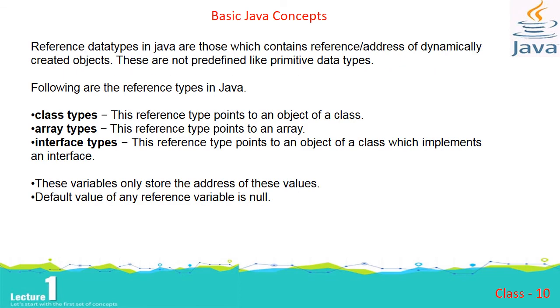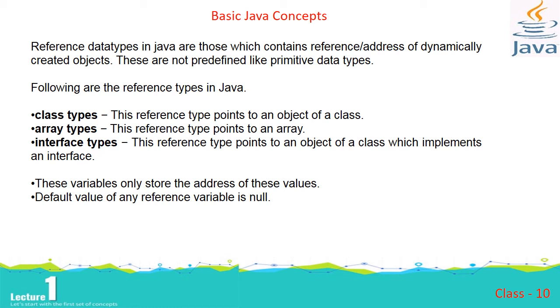Reference data types in Java are those which contain the reference address of dynamically created objects. These are not predefined like primitive data types, or we can say these are based on the fundamental data types, that is, the primitive data types. They can be built using primitive data types.